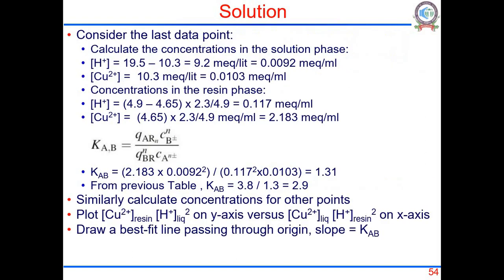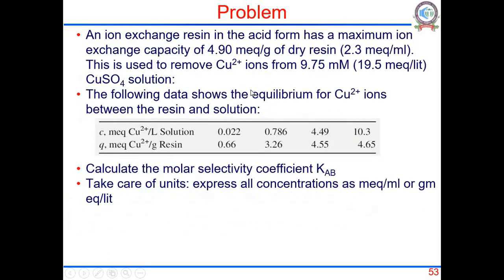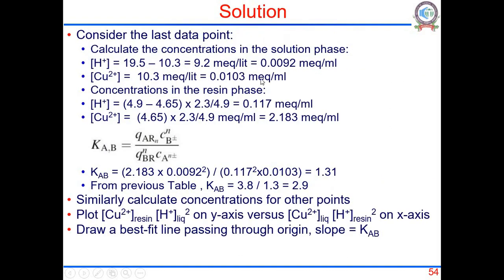Let's say out of this 19.5, 10.3 has remained in the solution. That means 19.5 minus 10.3 has gone inside the resin. Correspondingly, 19.5 minus 10.3, which is 9.2 milliequivalents per liter of H plus ions, would have come into the solution.